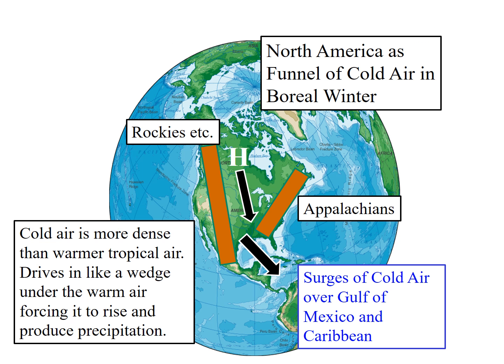North America is very unusual, at least in this context, in that its major mountain chains basically run north-south. So we have the Rockies and the complex associated with the Rockies to the west, and the Appalachians to the east. And as you can see on this diagram, they make a giant funnel. The high altitude of those mountains protects the interior of the United States from the warming influence of either the Pacific or the Atlantic Oceans.